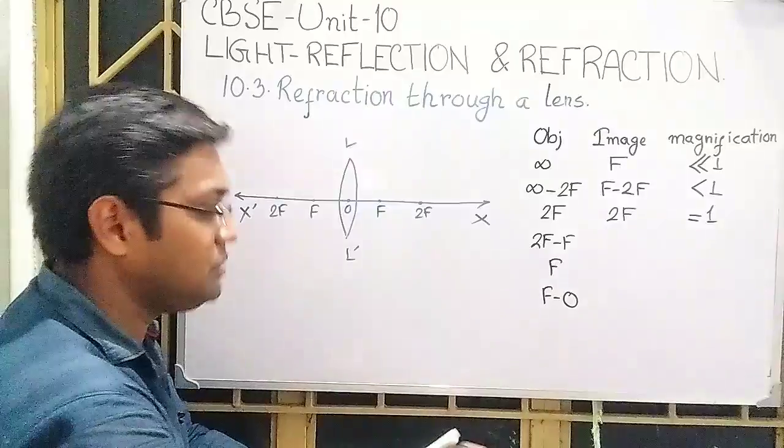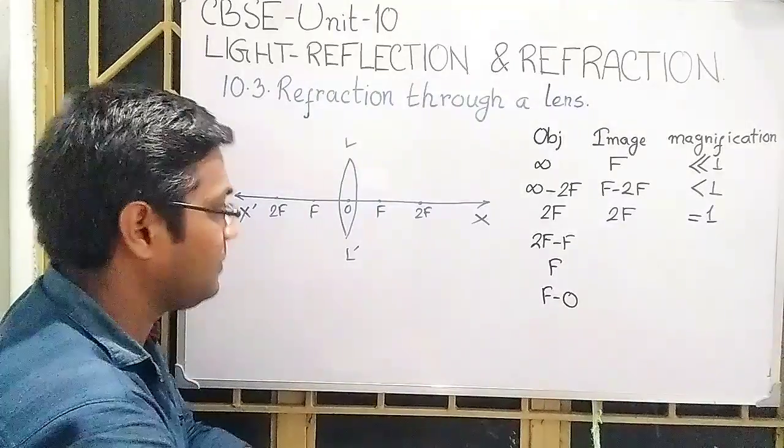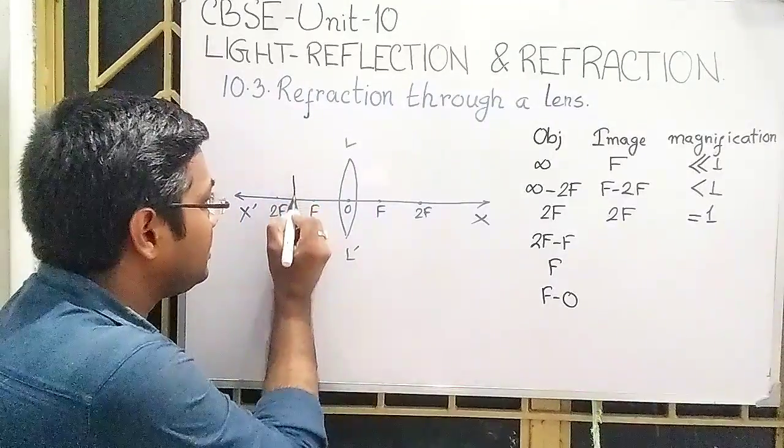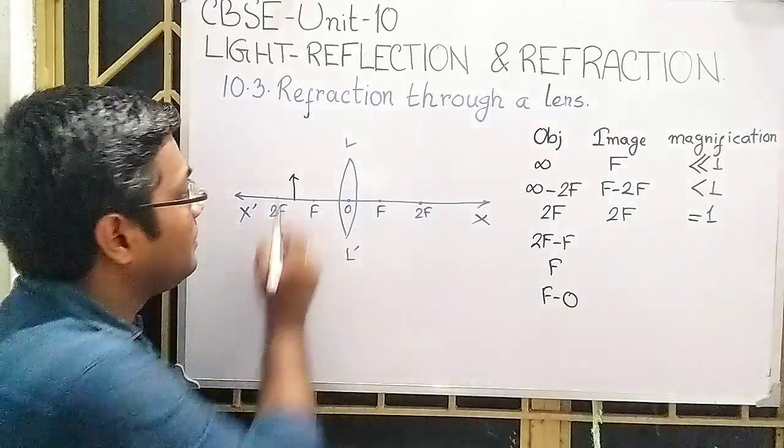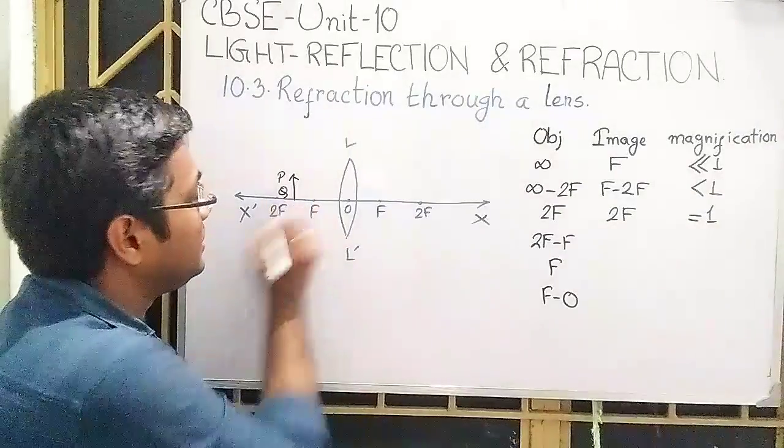The object is placed in between the 2f and f, so it is somewhere here. Capital P, capital Q.